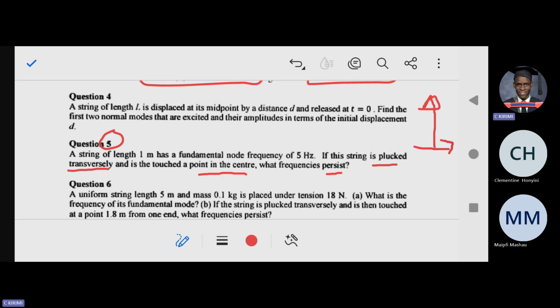So they are perpendicular. It's not a longitudinal wave, where it is moving in the same direction as propagation. So for a transverse wave, it moves perpendicularly to the propagation. That's what you must know about transverse.